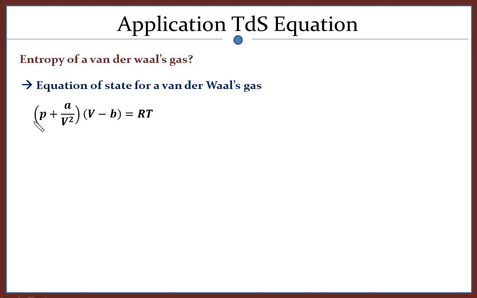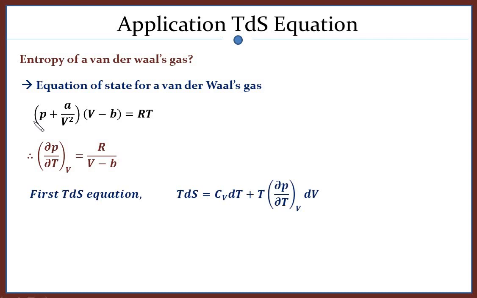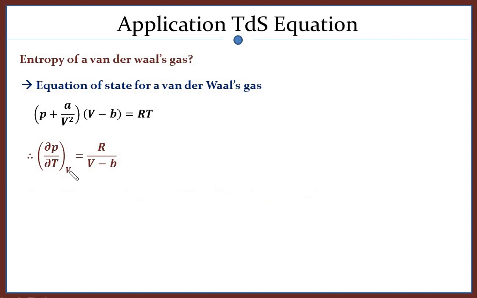This is the equation of state for a van der Waals gas. From this equation we can calculate (del P/del T)_V at constant volume. Just need to take the derivative on both sides with respect to T by taking V as a constant. So if you take the derivative, you will get (V minus b) into del P/del T, and this term will give you a 0. So the final form of (del P/del T)_V is equal to R/(V minus b).